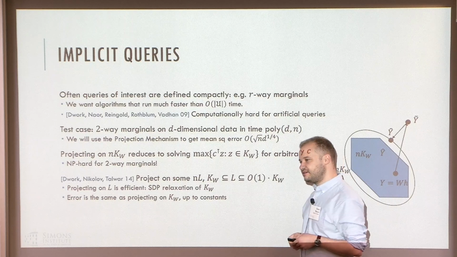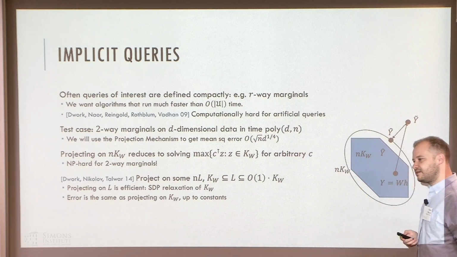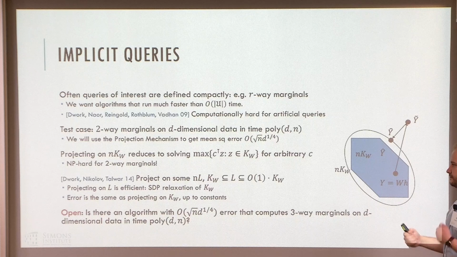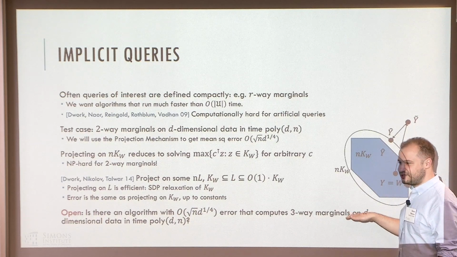I guess where I was going with this is, is there any reason to think that in practice it's actually hard to do the projection? So I think you can do things like in dual vector, you can use some solvers and just hope it works well. And I think that seems very reasonable. At least in theory, so in practice, then you can hope to do that also for three-way marginals with some solvers.